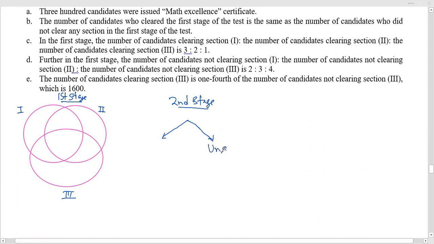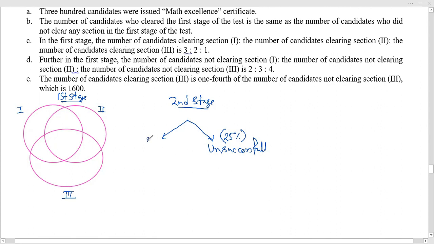So unsuccessful, it was given as 25% of the people, and the successful, who were issued the math excellence certificate, that is 300.